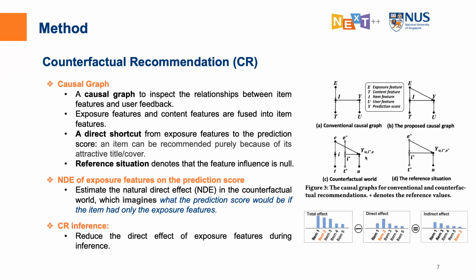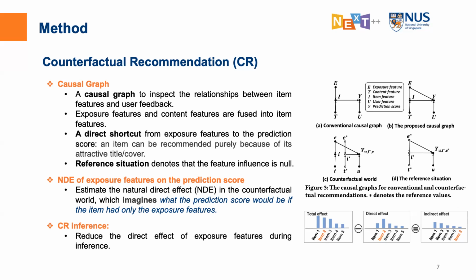this direct path. So we can estimate this kind of effect, and then for the clickbait issue, the items with the clickbait issue will have a higher prediction score in this direct effect because their exposure features are attractive. And based on this attractive exposure feature, the prediction score could be high.